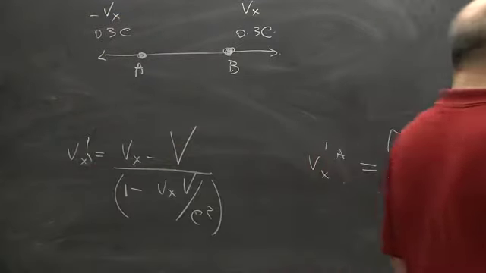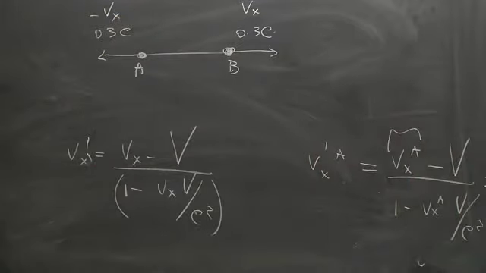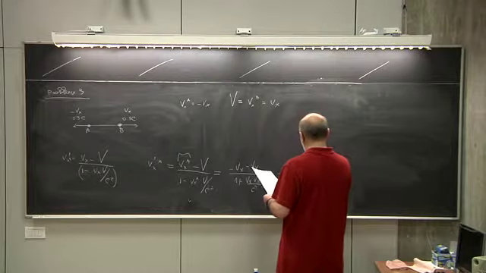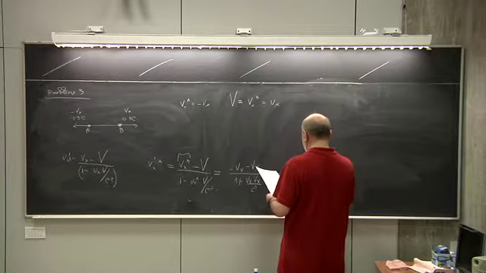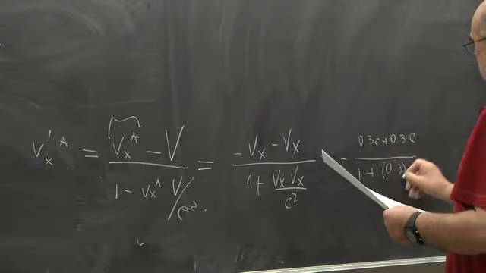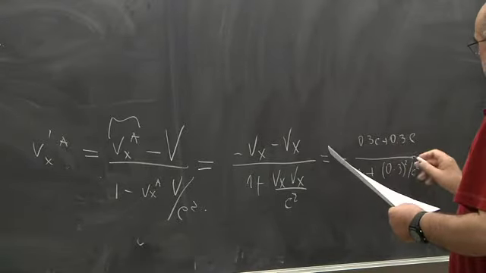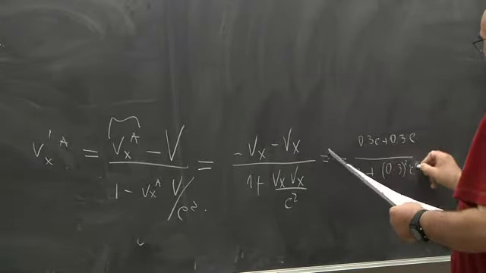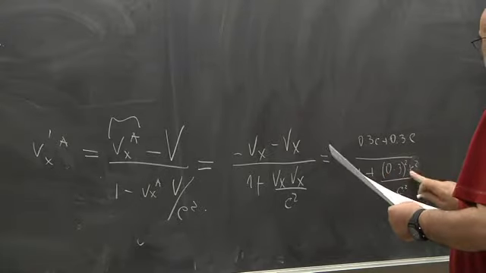We know it is 0.3, so we get minus 0.3c plus 0.3c, over 1 plus 0.3 squared c squared times 1 over c squared.